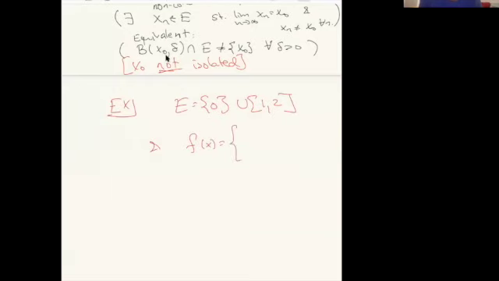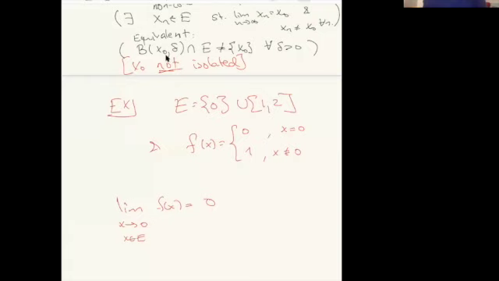It can be equal to 0 when x is equal to 0, and 1 when x is not equal to 0. Then the limit as x approaches 0, x in E, of f of x is just 0. This is an artifact of how Terence Tao defines things.